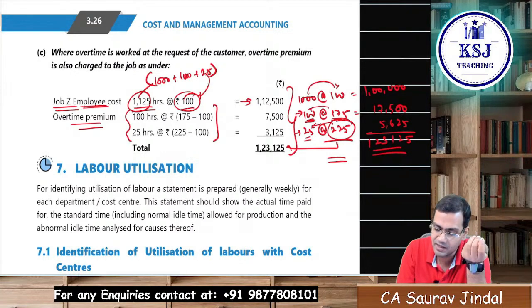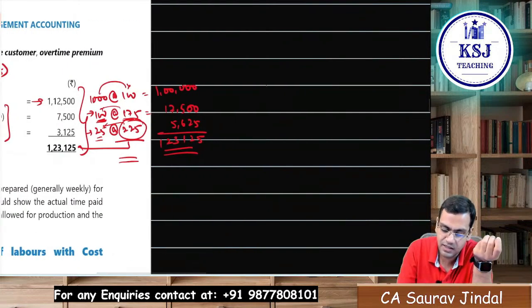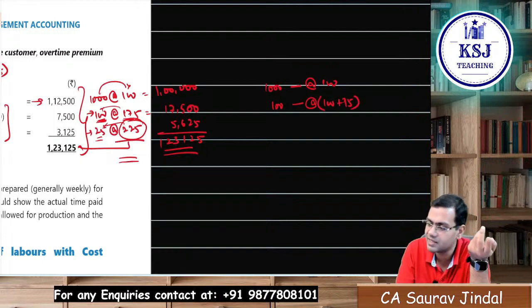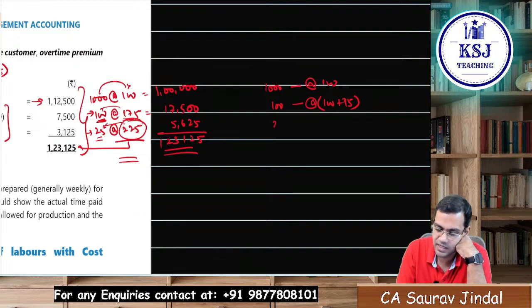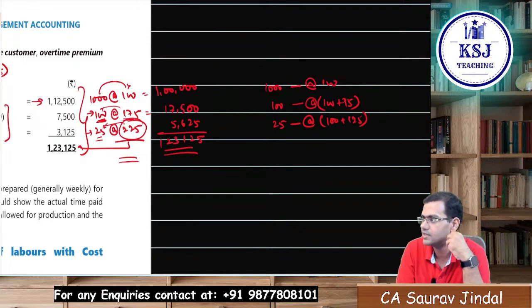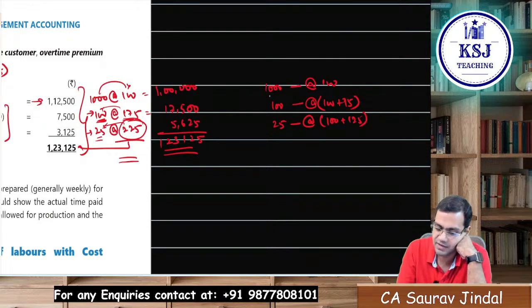I have taken it separately here: 100 hours at the rate of 100 plus 75, and 25 hours at the rate of 100 plus 125. That is why here, 1000 plus 100 plus 25, the institute has taken this part separately.